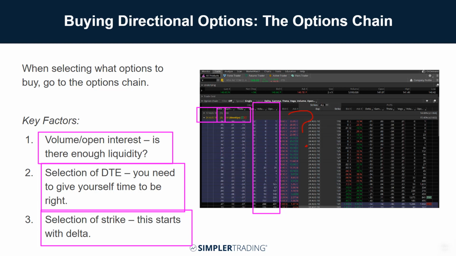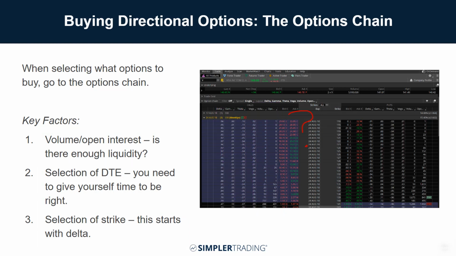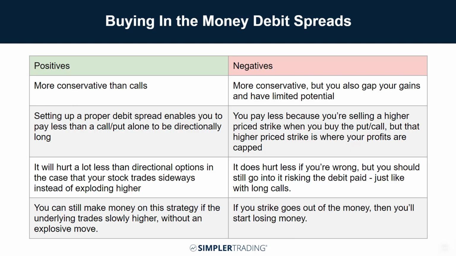That is going to start with delta. As you can see in this slide, we have delta right here, and there's a variety of different numbers: 0.59, 0.7, 0.79. Usually around a delta 70 is where we would be focusing for any kind of long call or long put option.